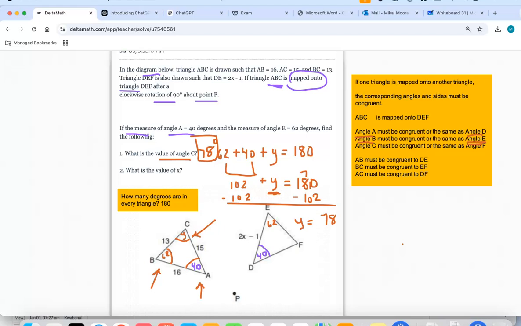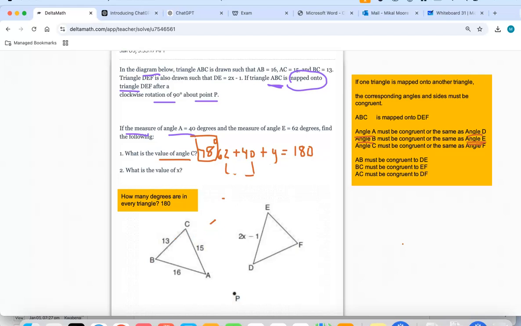All right, so now we're going to find x. I'm going to erase a lot of this stuff so that you're not too overwhelmed by what you see on the screen. Now we're going to find the value of x, whatever x is.